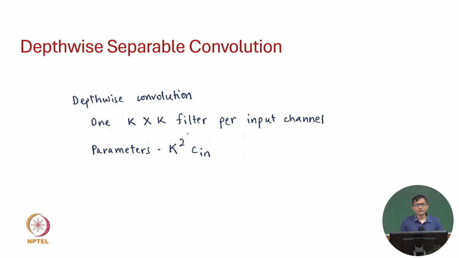The first step would be depthwise convolution, where we are applying one k cross k filter per input channel, and this would lead us to k square into C in parameters.